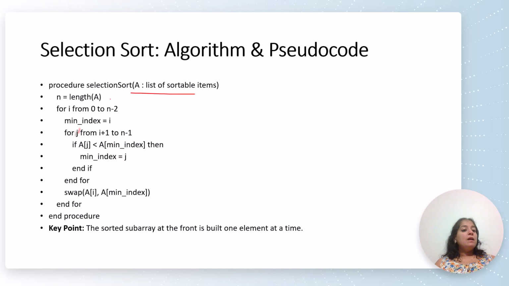The minimum index is the index of the first element of the unsorted array. For j equals i plus 1 to n minus 1, if the element is less than the current minimum, you update the minimum index. Basically, you are finding the smallest element, and once you find it, you swap it with the first element of the unsorted array.